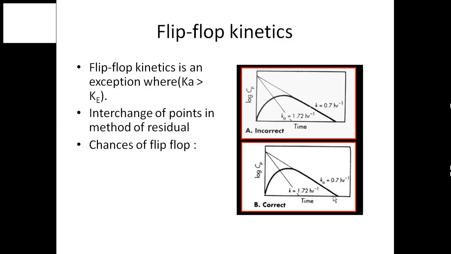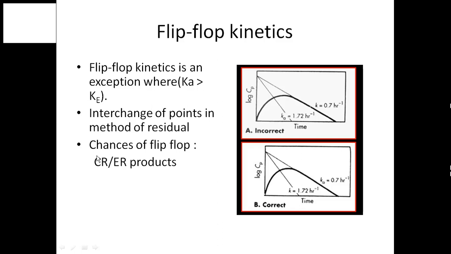What are the chances where you can have a flip-flop? Firstly, when we are considering control release or extended release products where the rate of absorption is much slower than your elimination rate. I would like to mention over here, generally the absorption rate is faster than the elimination rate, but in the case of flip-flop, absorption will be slower than the elimination.